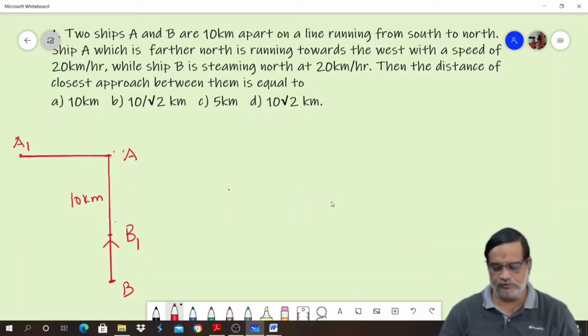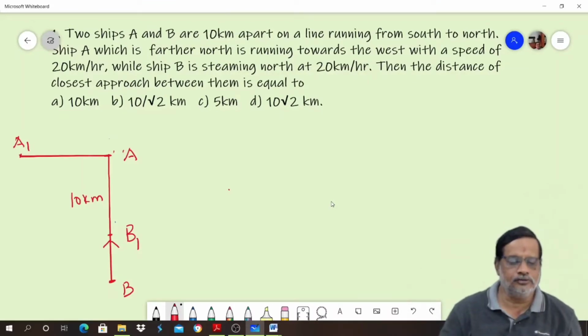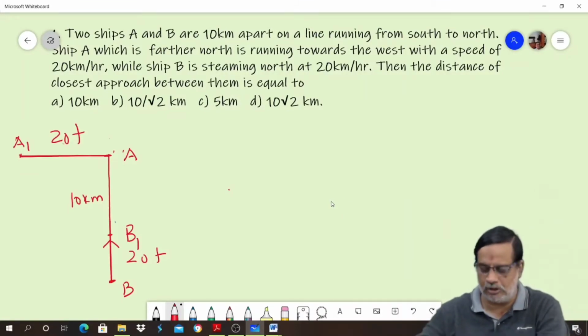So now let us join these two points. If this distance is 20t, since speed is 20, towards the west, then the distance towards the north should also be equal to 20t. So that this is going to be our distance of closest approach. These two distances should be almost equal.